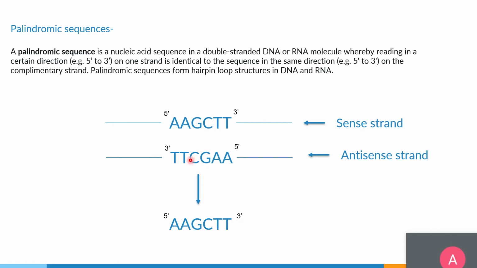So on the antisense strand, we have the sequence TTCGAA, and while reading from the 5' end, the two sequences should be the same. And when we read the complementary strand sequence, we obviously get AAGCTT. That is, it is the same sequence just on a complementary strand, and all bases should be complementary. This is what is meant by a palindromic sequence.